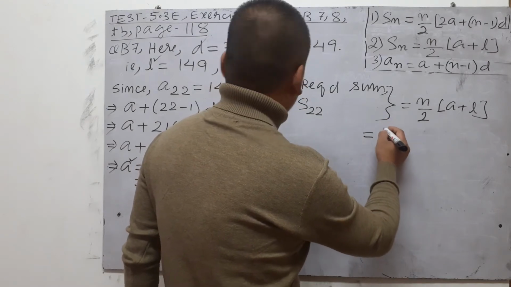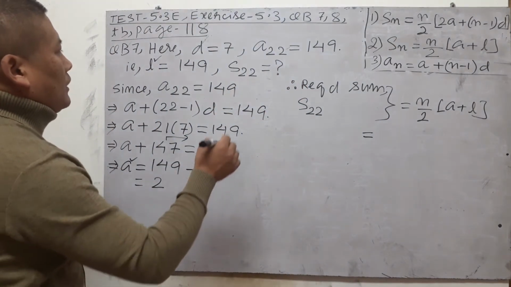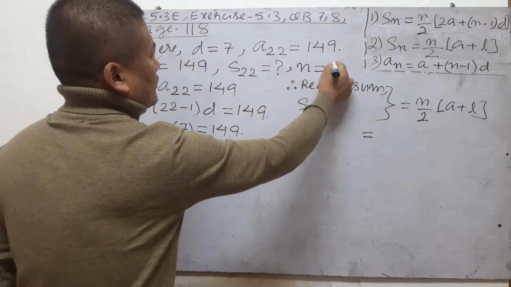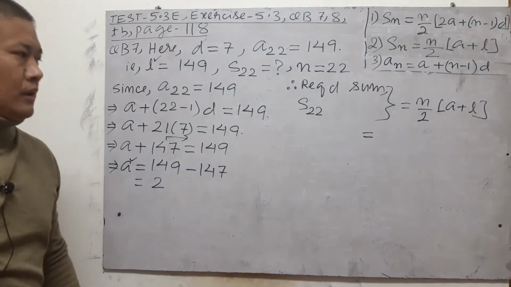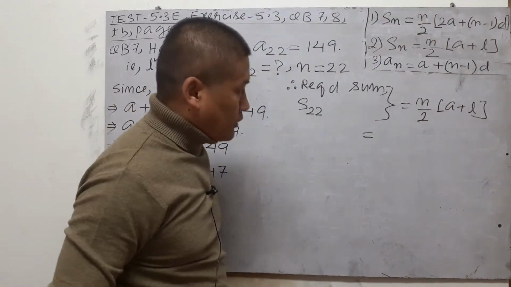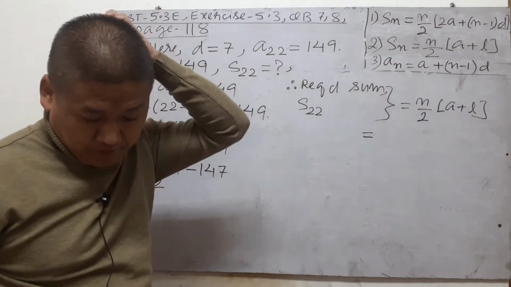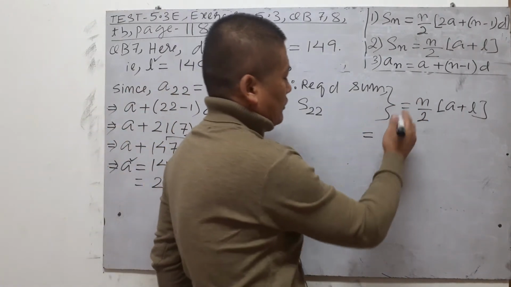First 22 terms means total number of terms is 22. So look back to the question, find the sum of the first 22 terms, means N is 22.